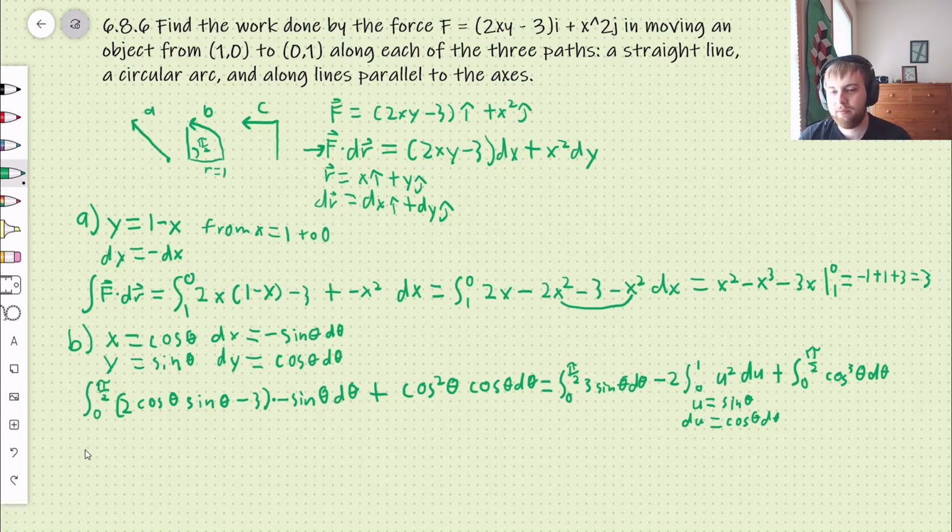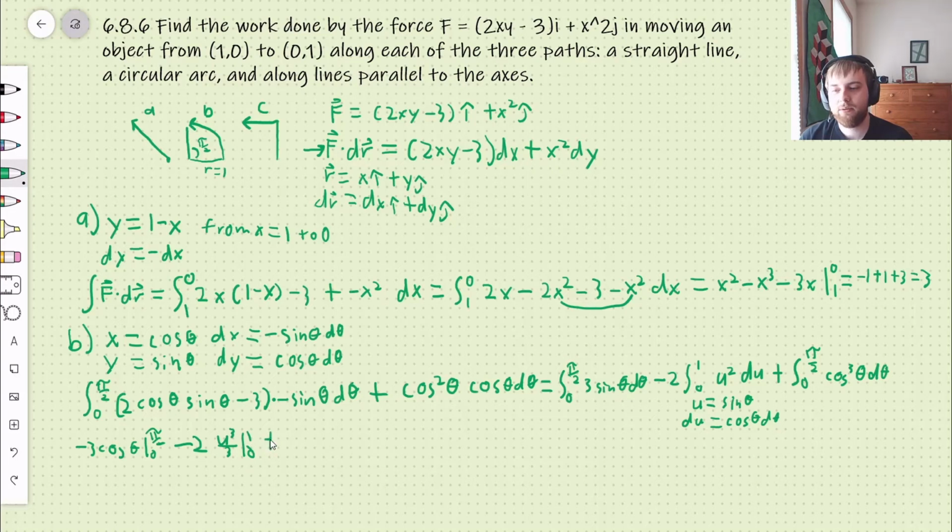Okay, so now we can do these first two and the last one. What we get here is negative 3 cosine theta, from 0 to pi over 2. The second one is negative 2 times u cubed over 3 from 0 to 1.